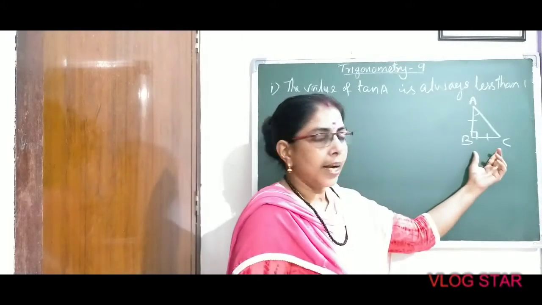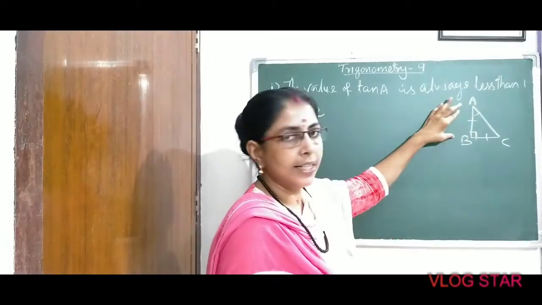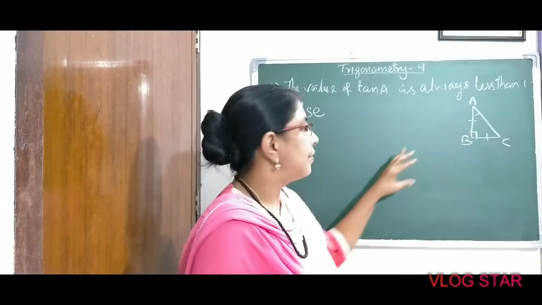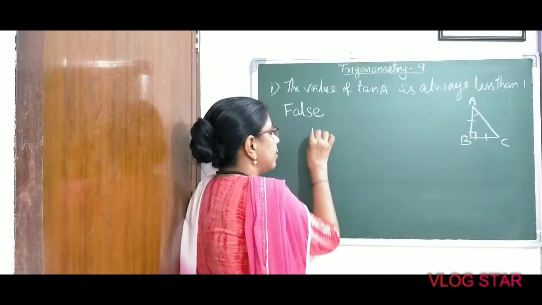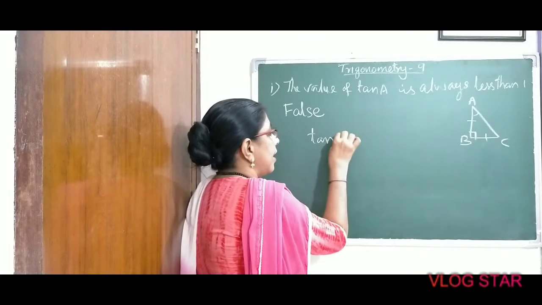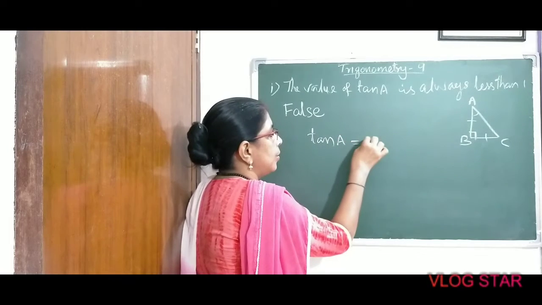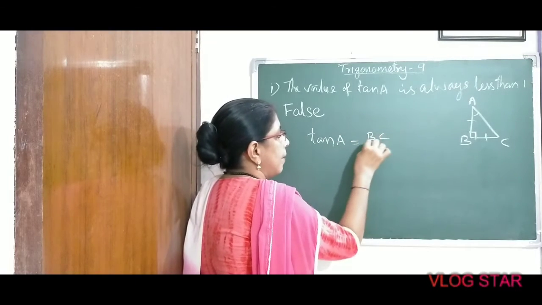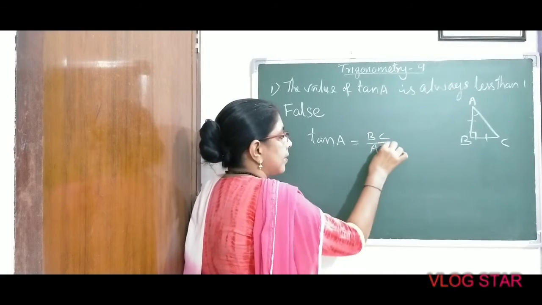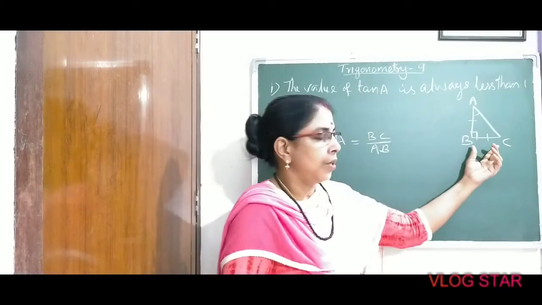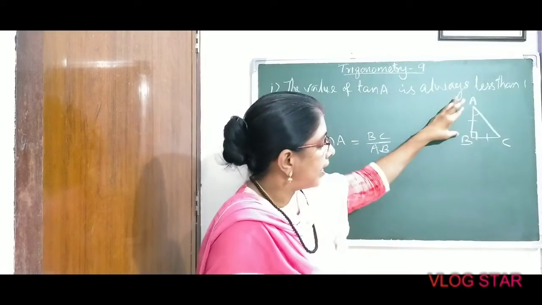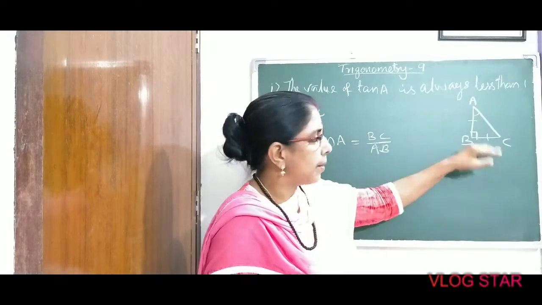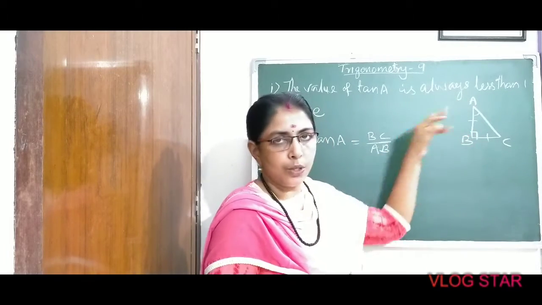Here the opposite side is BC and the adjacent side is AB. Therefore tan A is equal to BC upon AB, that means the side opposite to angle A upon the side adjacent to angle A. Here BC is equal to AB.